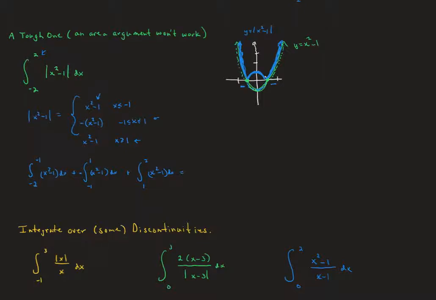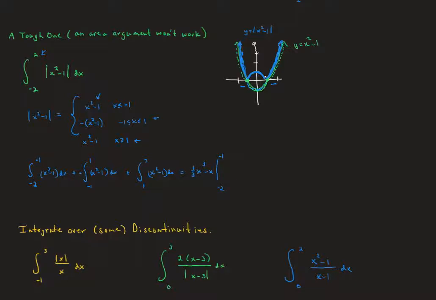So the integral of x squared is going to be, we're going to add 1 to the exponent, multiply by that reciprocal, and then the integral of 1 is going to be x. So we're going to evaluate that from -2 to -1.